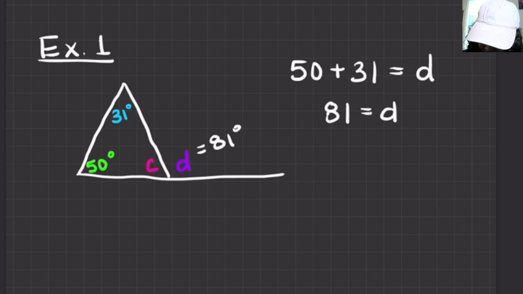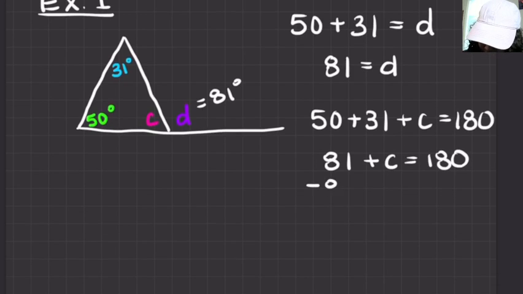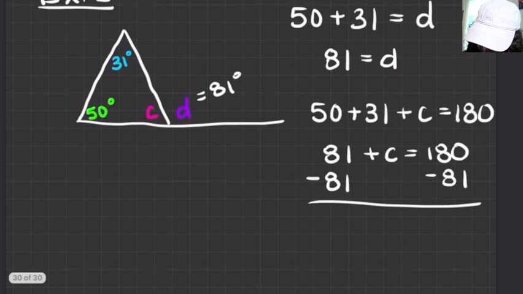So I know 50 plus 31 plus C equals 180. So 81 plus C equals 180. And then we just subtract 81 on both sides. So C equals 99. C equals 99 degrees.